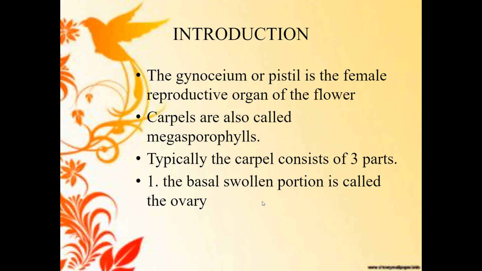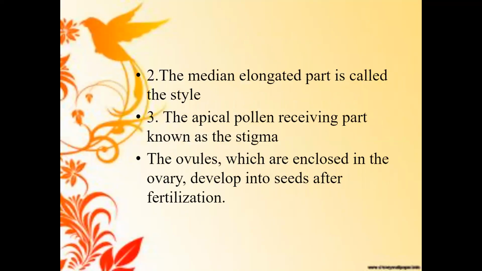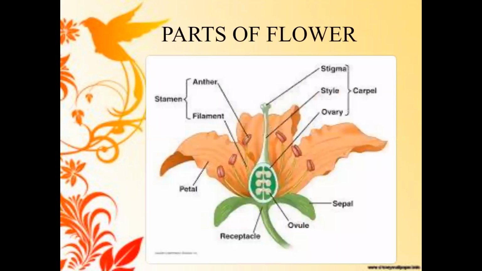The basal swollen portion is called the ovary, the median elongated part is called the style, and the apical pollen receiving part is known as the stigma. The ovules are enclosed in the ovary, and they develop into seeds after fertilization. We know this process.